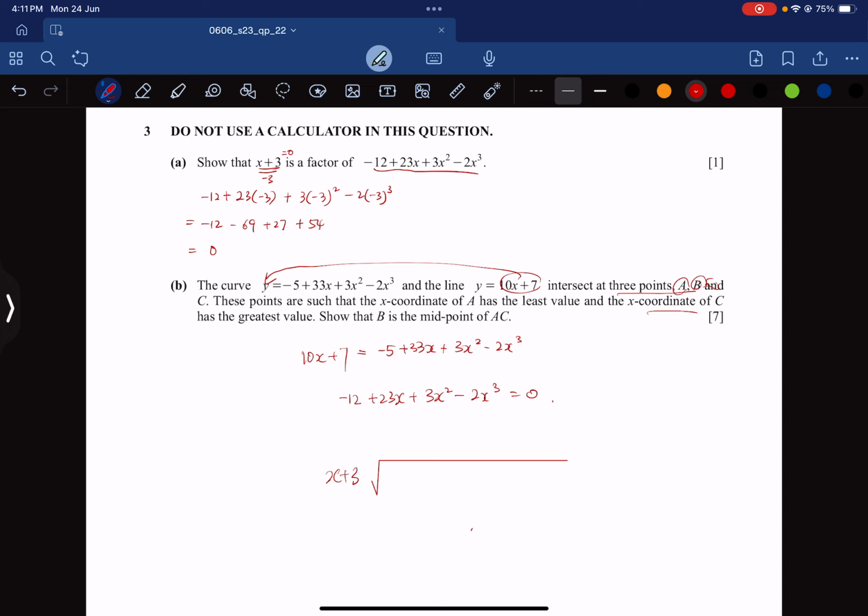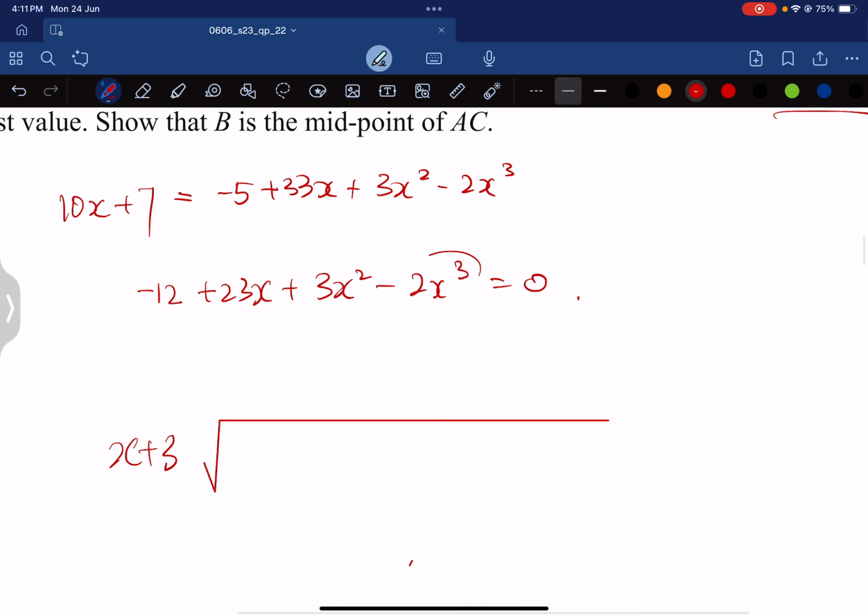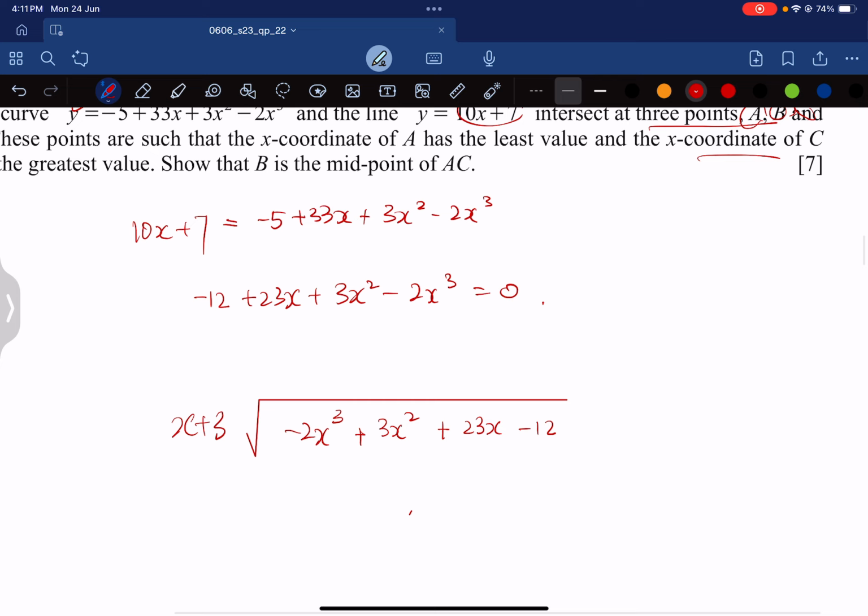So do a long division, put the highest power term in front, followed by square power, and then power 1, and then power 0. So this would be negative 2x squared, so negative 2x cubed minus 6x squared.